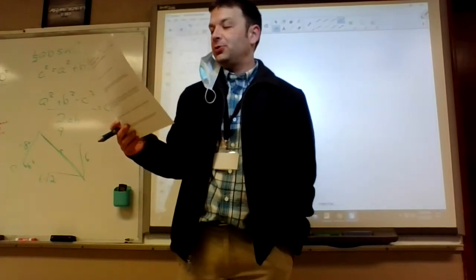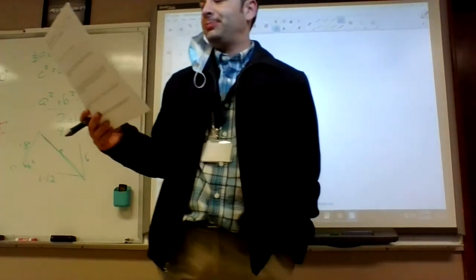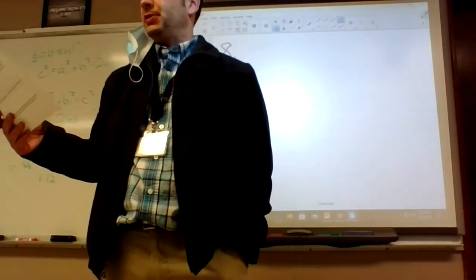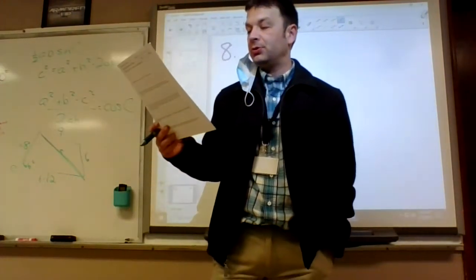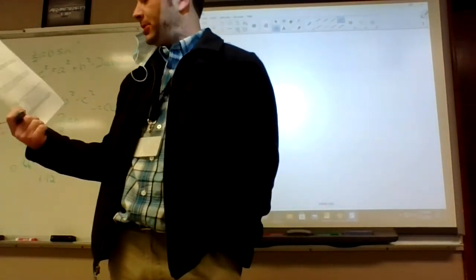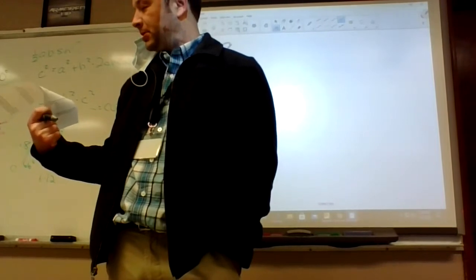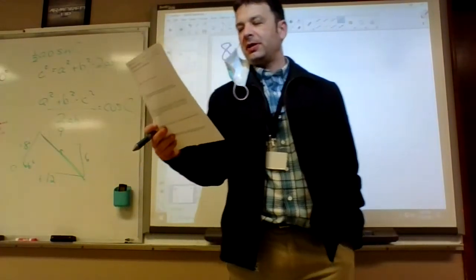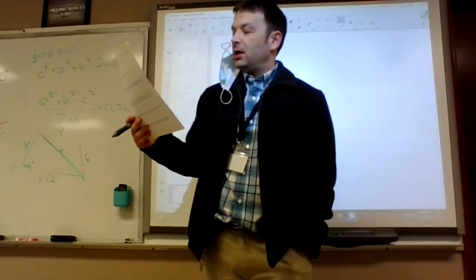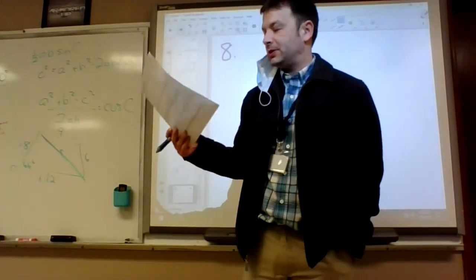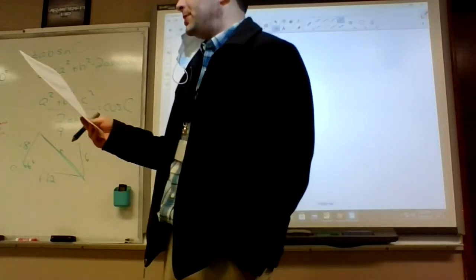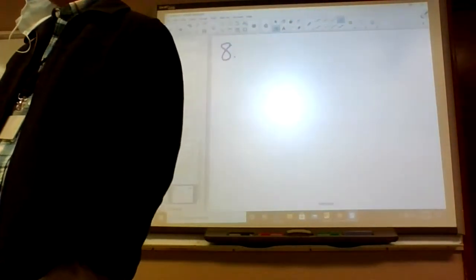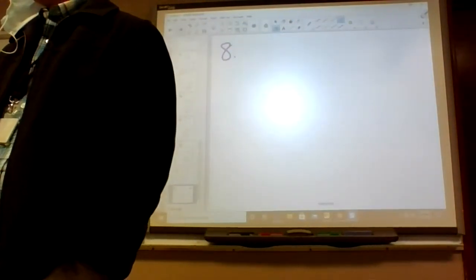Number 9, Brenda's school is selling tickets to a spring musical. On the first day of ticket sales, the school sold 3 senior. Did we do a senior citizens one? Wait, are we still doing 8? Yes. We did one of these kind of like yesterday too, didn't we? On the first day of ticket sales, the school sold 3 senior citizen tickets and 9 child tickets for a total of $75.